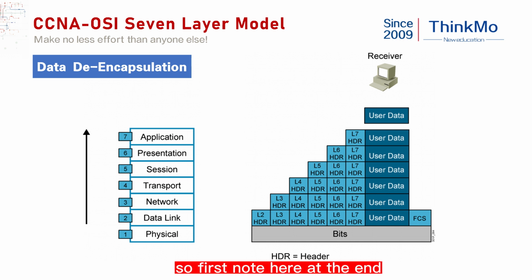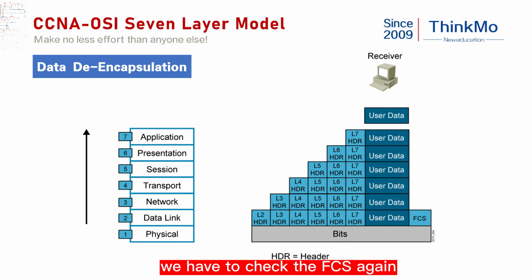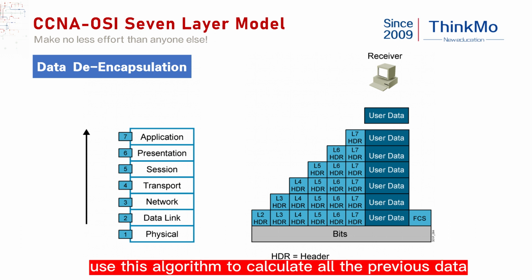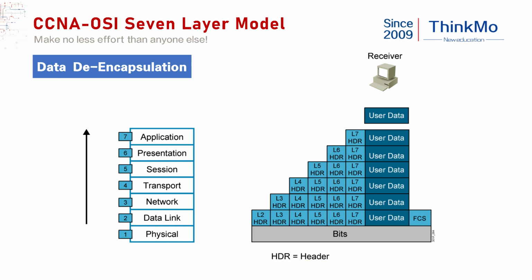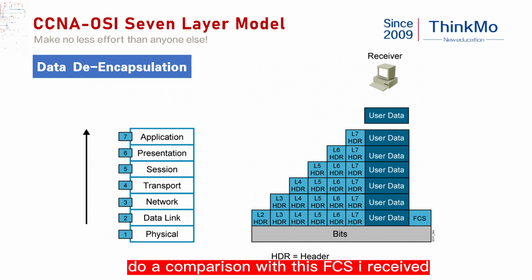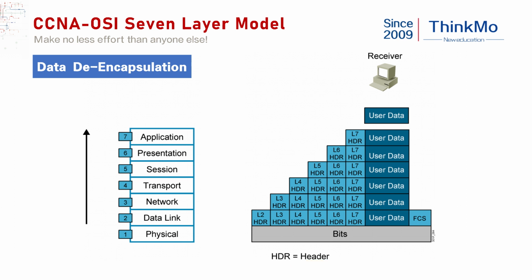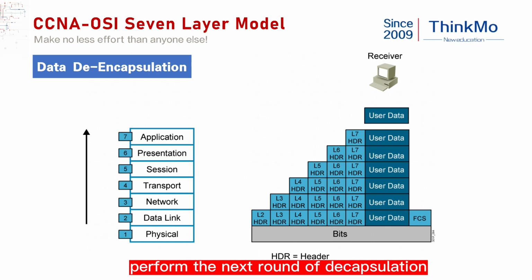First, note that at the end we have to check the FCS again, that is the CRC, Cyclic Redundancy Check. We calculate again, using this algorithm on all the previous data, to generate a value. After calculating this value, we compare it with the FCS I received. If the comparison is successful, it proves that my data was error-free during the intermediate transfer. Then I will deliver it upward and perform the next round of decapsulation.